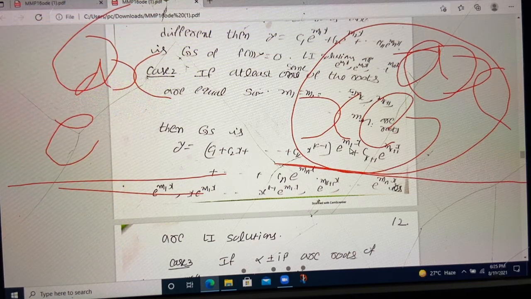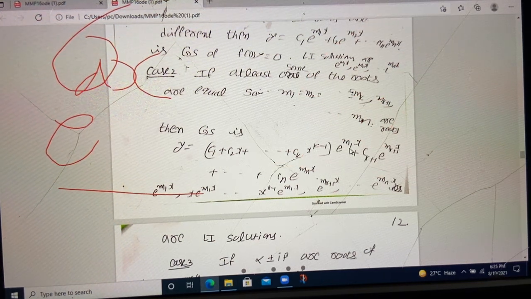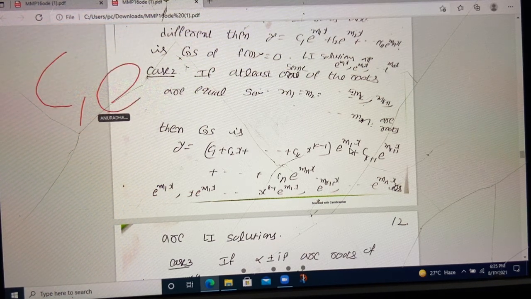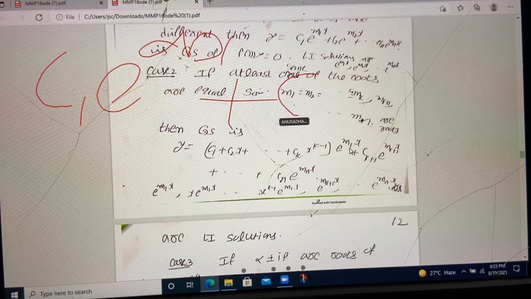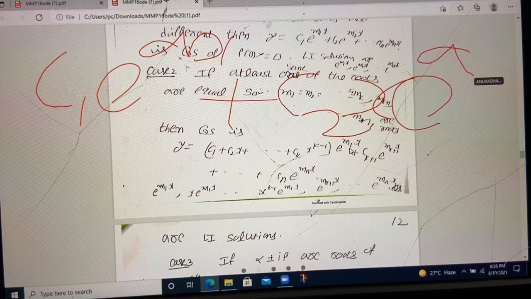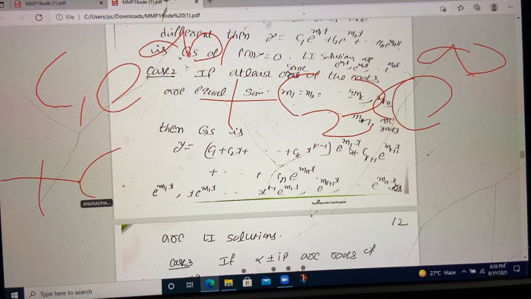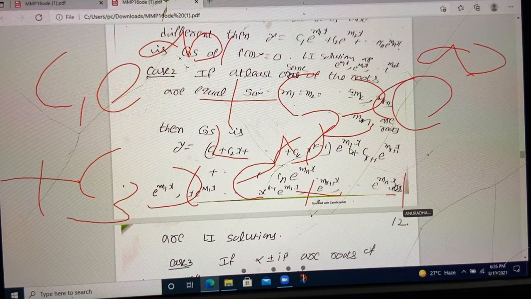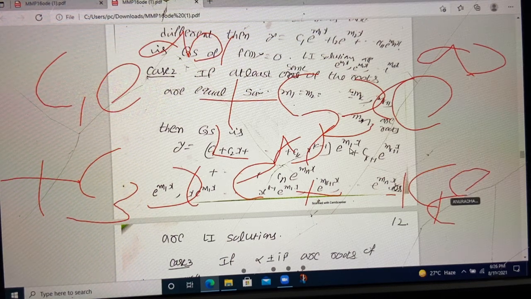Therefore, whenever the root is repeating k times, we must take the solution as c1 e^(ax) plus c2 x e^(ax), c3 x^2 e^(ax), and like this, up to ck x^(k-1) e^(ax).